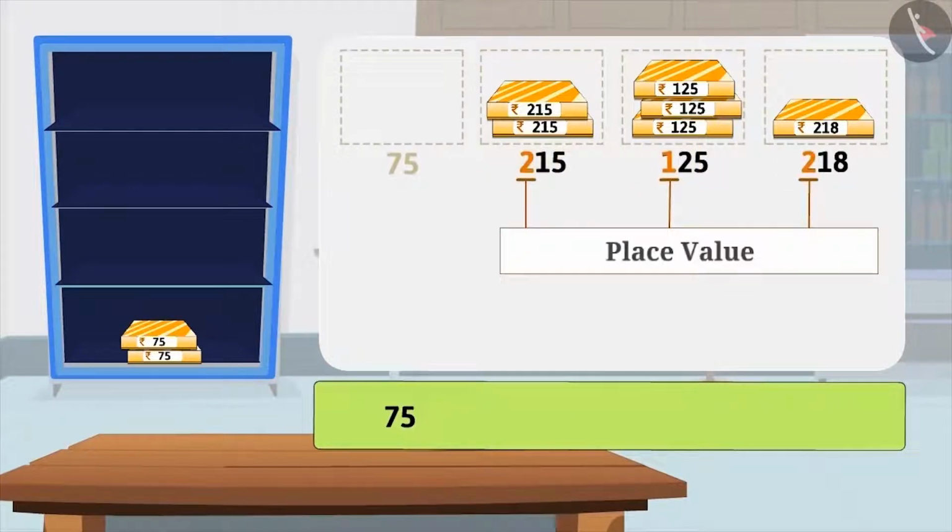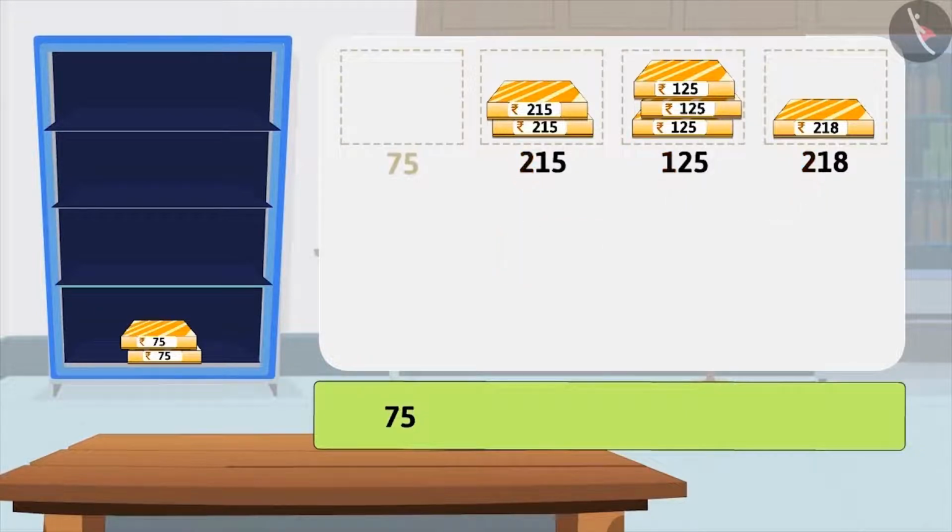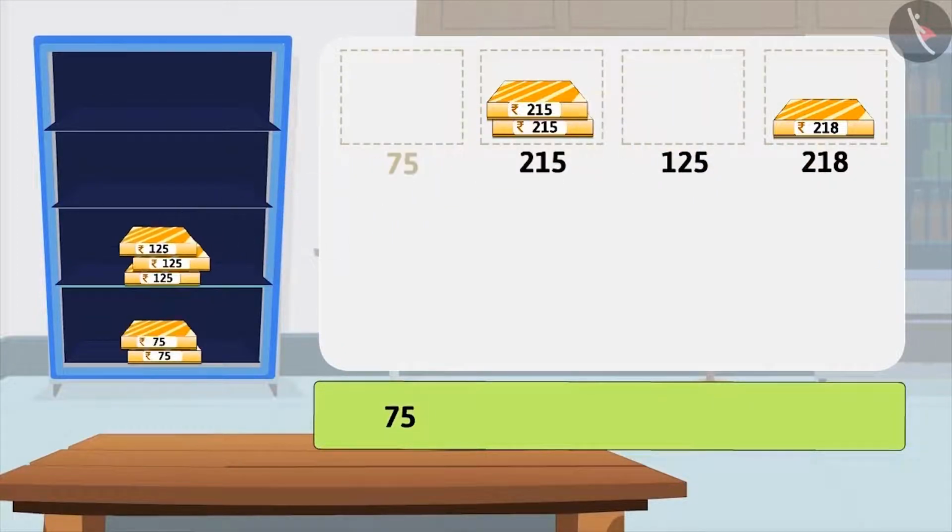That is, we will compare the place value of the numbers. Here, 1 is the smallest digit. That is, its place value is the smallest. So 125 is the smaller number as compared to the other two numbers. Let's place all the boxes worth rupees 125 on top of the boxes worth rupees 75.